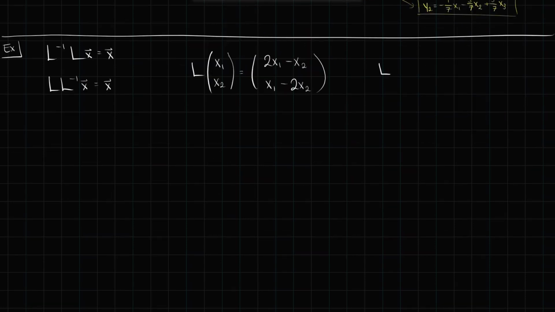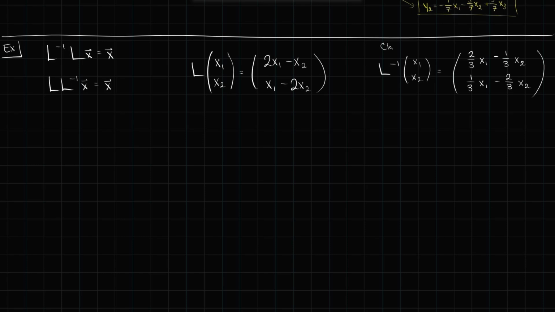I'm going to claim that the following is L inverse here: 2/3 x1 minus 1/3 x2, and then 1/3 x1 minus 2/3 x2.